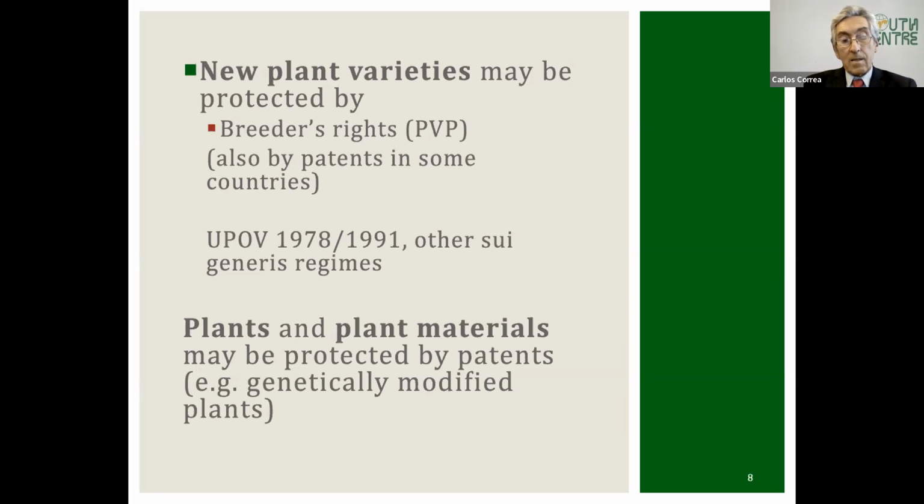Let me add that in some countries, but very few, plant varieties, that means a concept that refers to a group of plants, can also be patented, but this is quite exceptional. This is the case, for instance, of the United States, Australia, New Zealand, but in most countries, plant varieties are not patentable, but plants, that is, plants as such or plant materials can get patent protection. Next one, please.